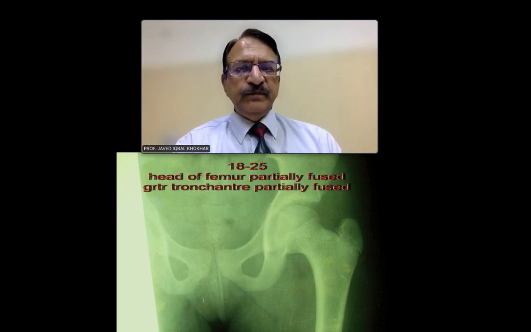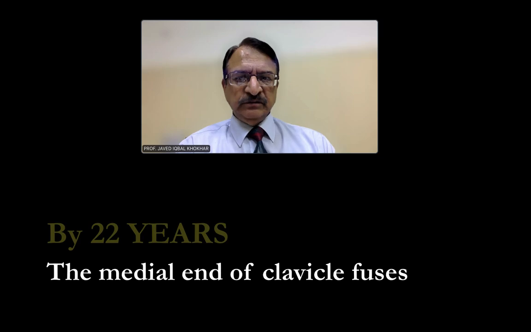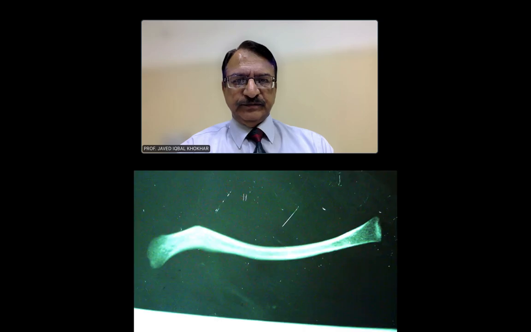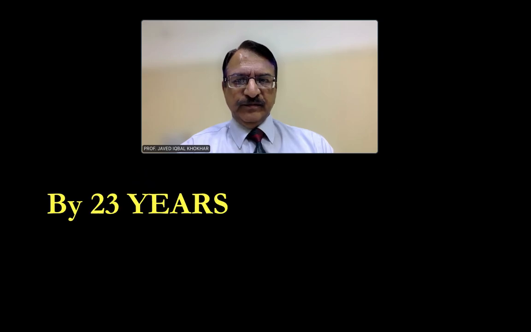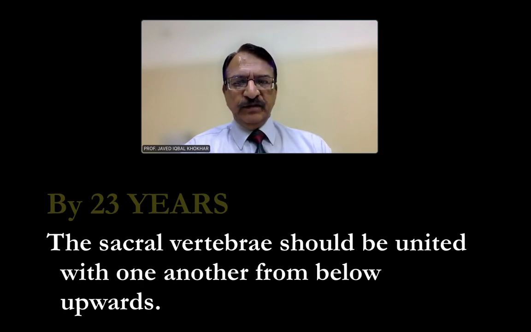The head of the femur is partially fused and the greater trochanter is also partially fused. By 22 years, the medial end of the clavicle fuses. By 23 years, the sacral vertebrae should be united with one another from below upwards.